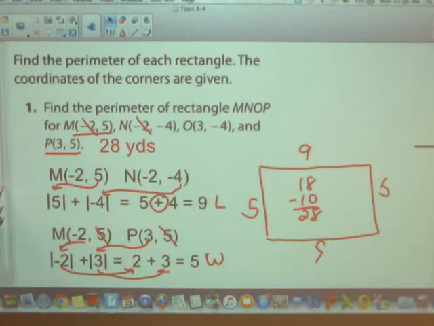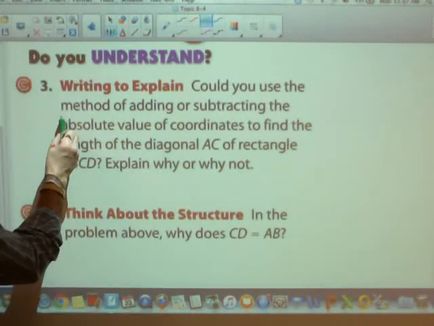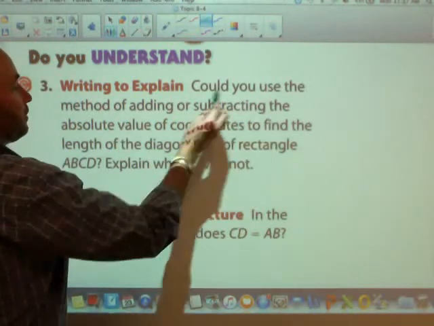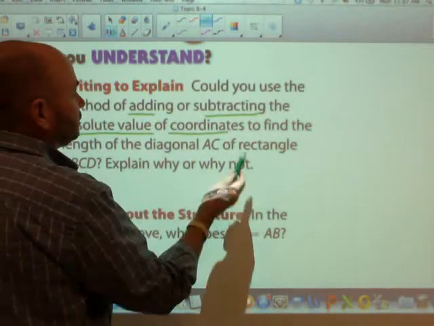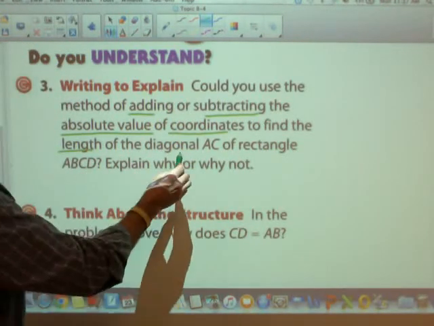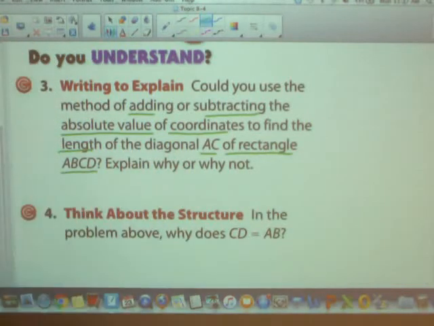Okay, let's take a look at another problem. See if you can answer 3 and 4. You can pause your video and then start it up again. All right, writing to explain. Could you use the method of adding or subtracting the absolute values of coordinates to find the length of the diagonal AC of rectangle ABCD?